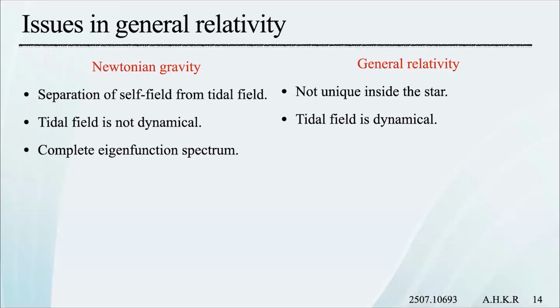There is no split saying this has to be your potential and this has to be your tidal field. There's a regularity condition at the center. Sorry, what if a regularity condition arises at the center, or something that cannot fix the split? It will not. Maybe in 10 minutes I will describe why the split is not unique.